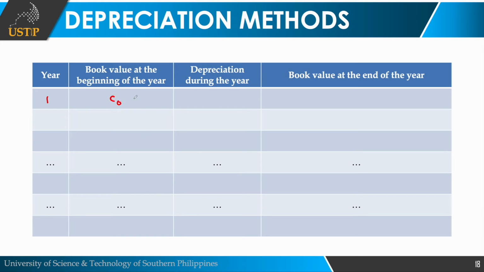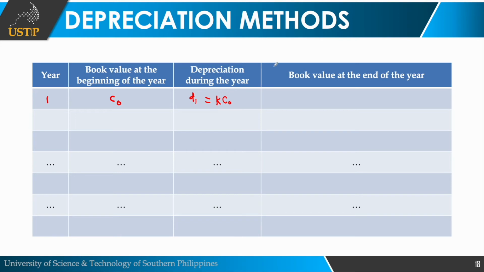And then the depreciation during that year, we denote as D sub 1. That is the percentage, class, and the rate of depreciation is K. So, K times the original cost.